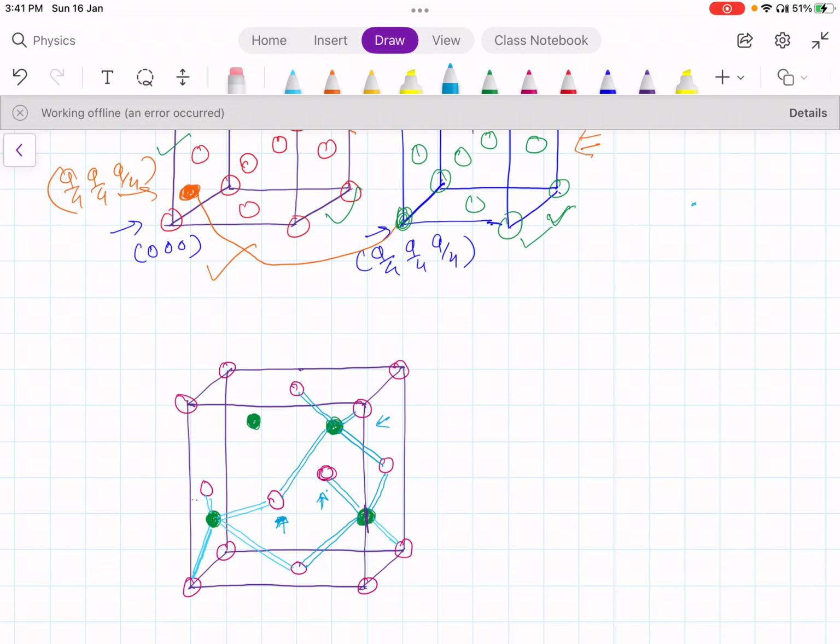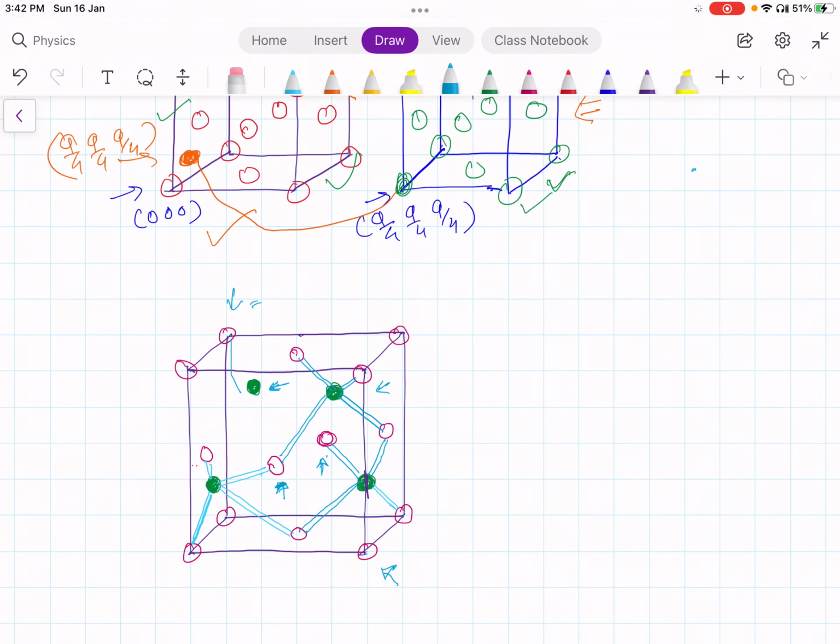Then consider this atom. This atom is on the body diagonal drawn from this atom to this atom. This is a backside atom. So this atom here is close to the back surface. So it forms a covalent bond with the nearest corner. The nearest corner atom is this, so one covalent bond with this.